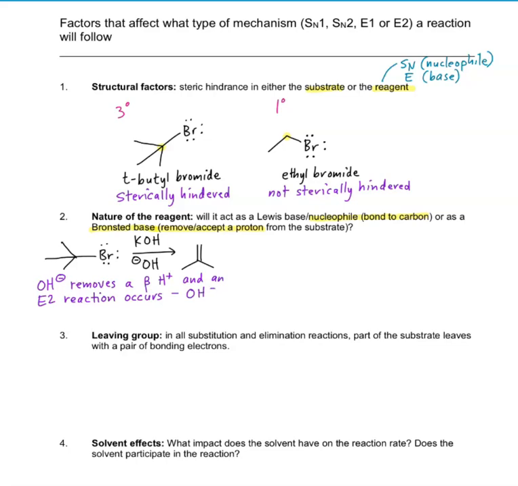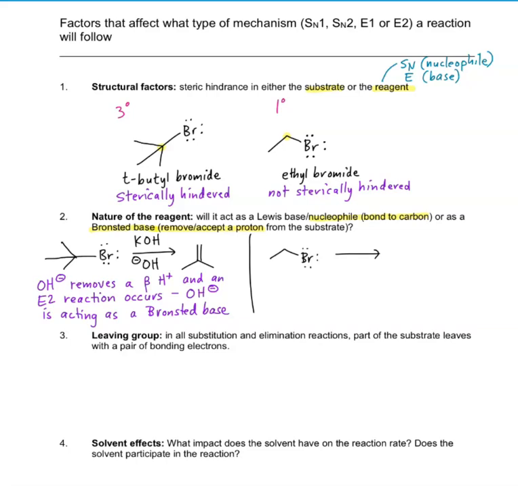So in this instance, hydroxide is acting as a Bronsted base. But that doesn't mean that it always will. So let's look at hydroxide in the context of a different reaction, and that would be this one.